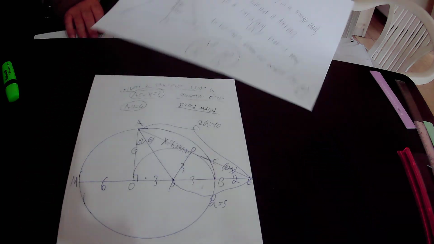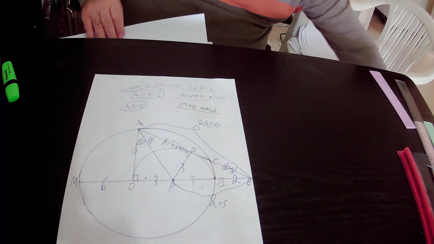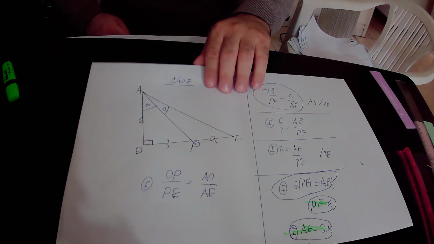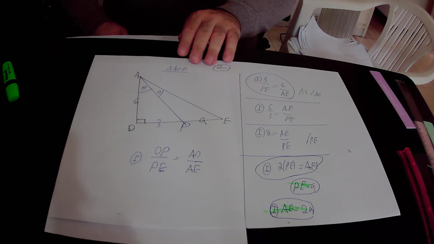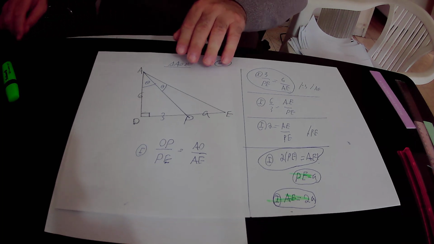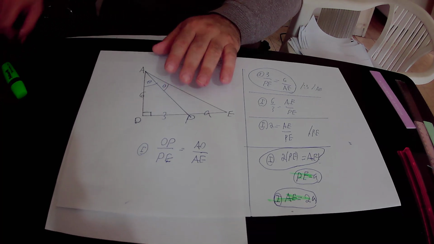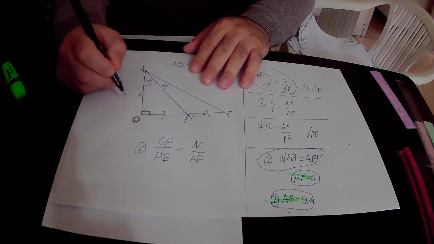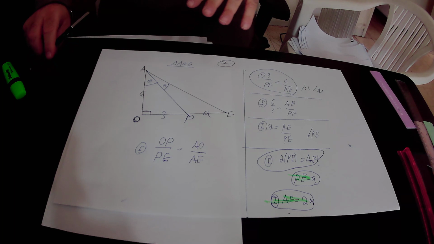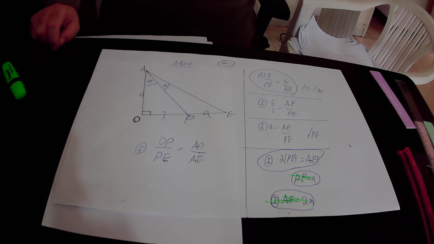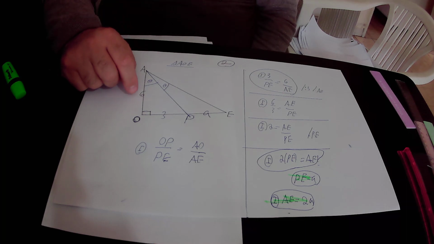Then we applied the angle bisector theorem in the right triangle AOE. This letter is letter O. AO equals 6 units according to what is given in the question.